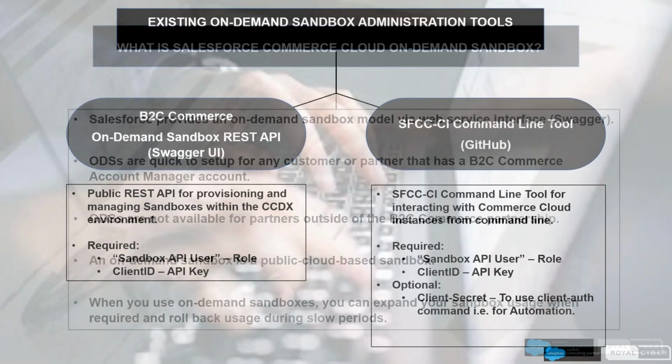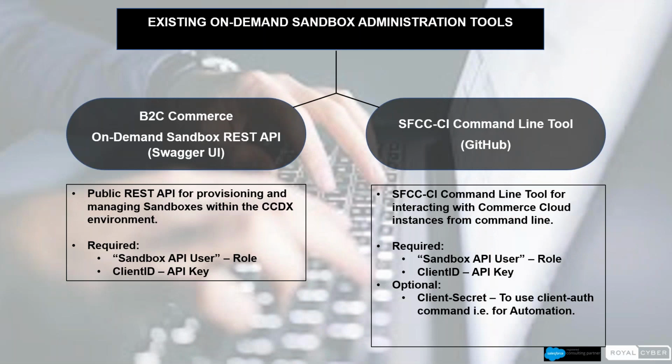So in the existing model, there are two administration tools available, which are used by the developers or the admins to create or manage the sandboxes. Out of these two, the most extensively used tool right now is the Swagger-based tool, which is based on the REST API. This Swagger UI portal is currently being used by most of the customers or partners.